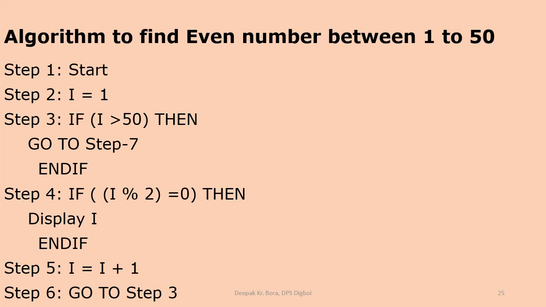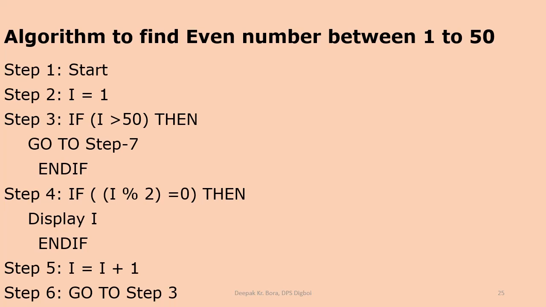And if I%2 is not 0, that is, not an even number, then it will come out of the if condition, and then it will go to step number 5, that is I is equal to I plus 1, and then it will jump to step 3. So once again I am going back to step 3 and checking the condition. So this will continue till I is greater than 50.